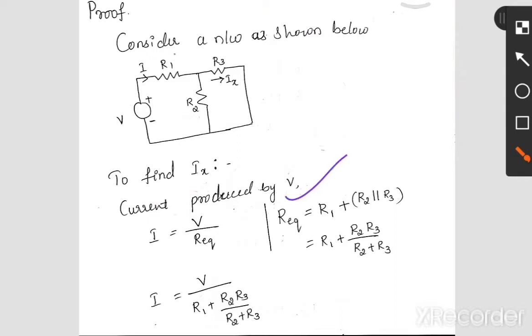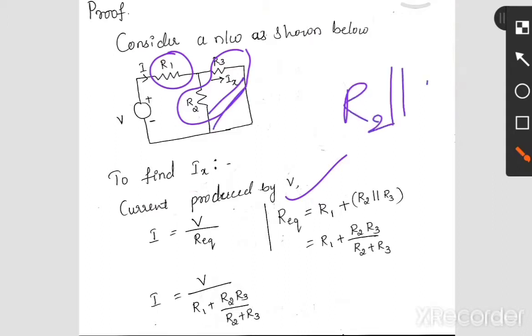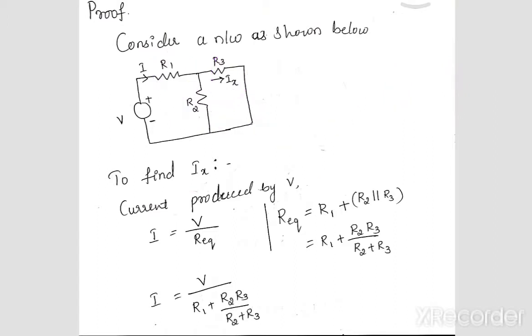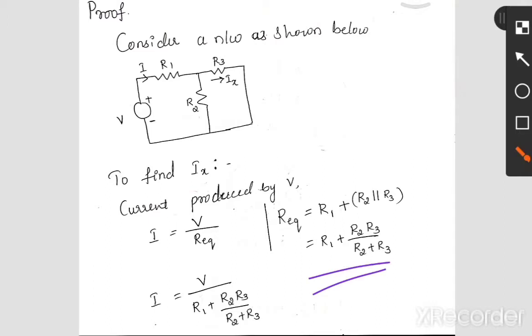Observe that the R1 resistance is there, and R2 and R3 are in parallel. So take the parallel combination of R2 and R3, and that combination will be in series with R1. That is your equivalent resistance.